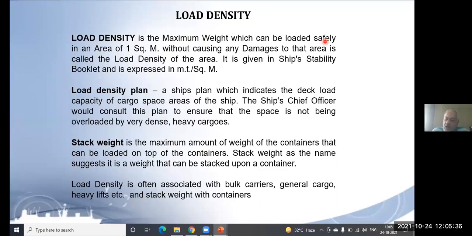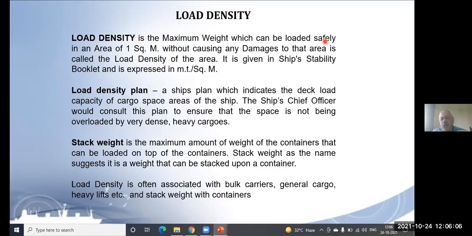In the ship's cargo hold, as we saw in the video the other day, the cargo is loaded on the deck of the lower hold, which is the tank top of your double bottom tank. On that area, how much maximum pressure, how much maximum load can you put over 1 square meter?